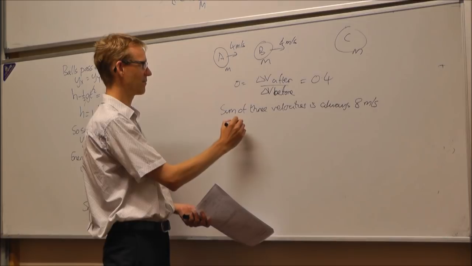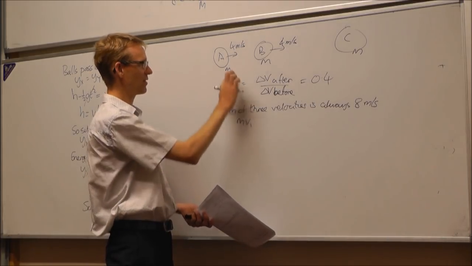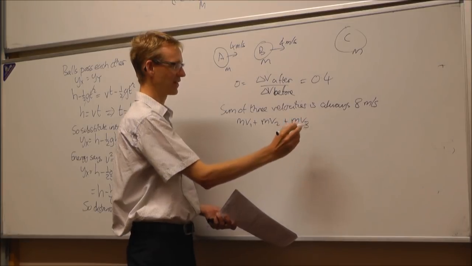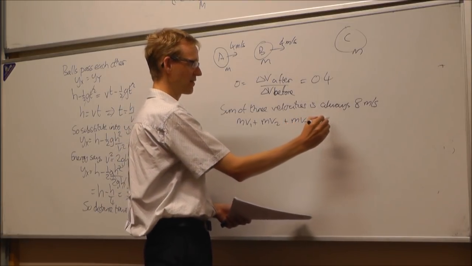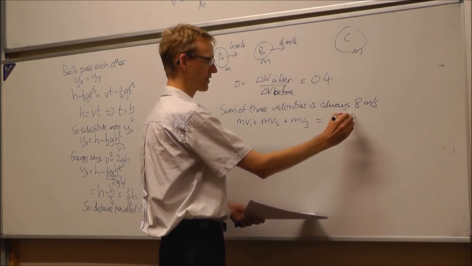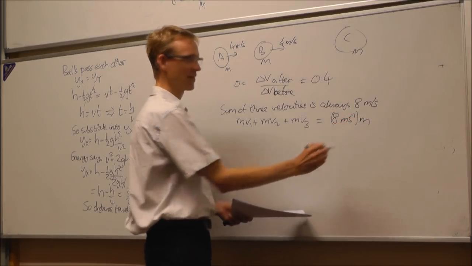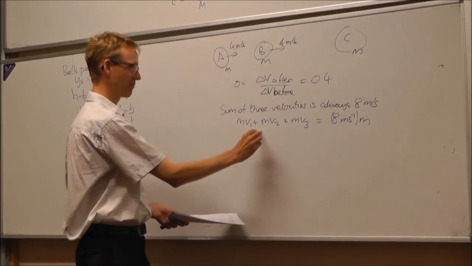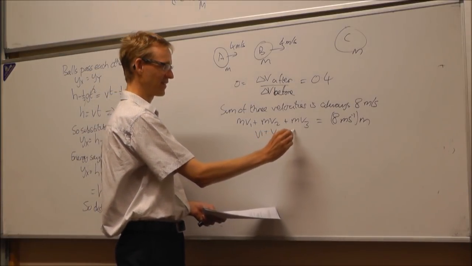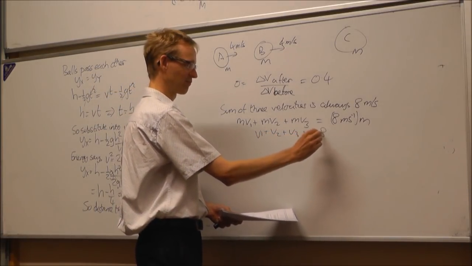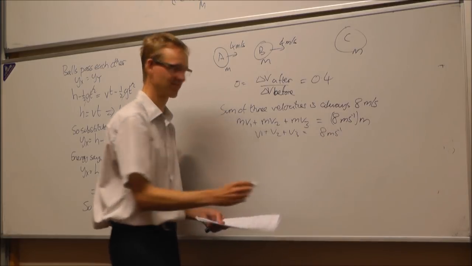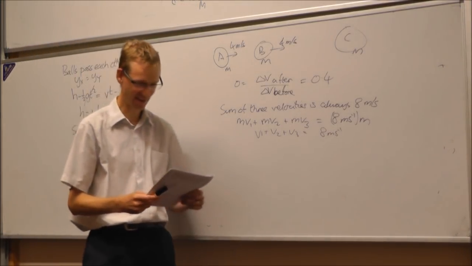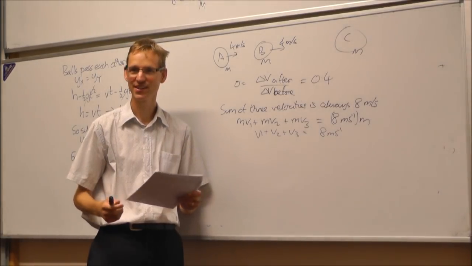If we sum up m times v1 plus m times v2 plus m times v3, it's got to be 8 meters per second times m initially. So v1 plus v2 plus v3 equals 8 meters per second. So I think they tick that last bit off very quickly.